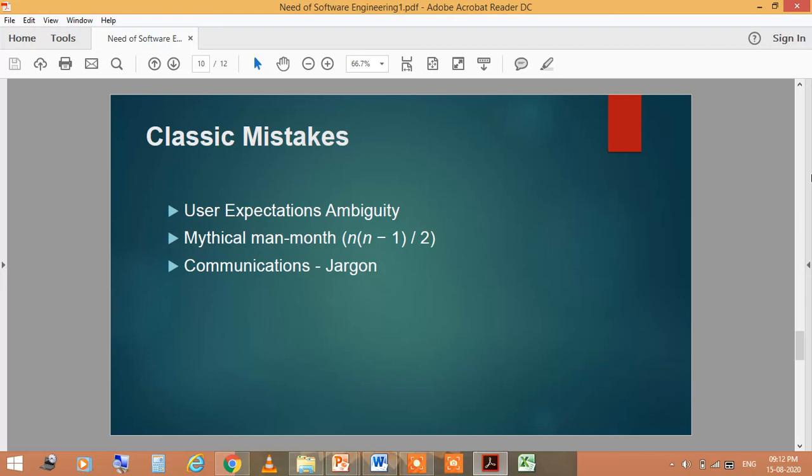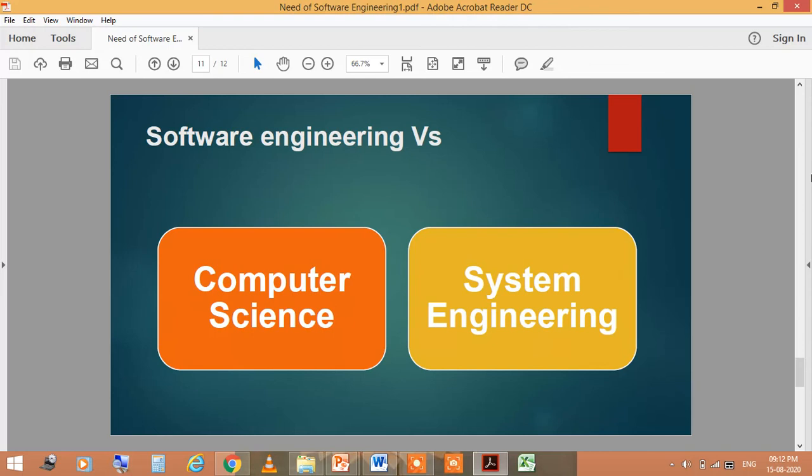Which platform or language you use should make the client's demand, whatever he wants, easy to develop. So both are not able to understand what the other is saying. That's why I'm saying there is always a communication gap. So these are basically the classic mistakes.